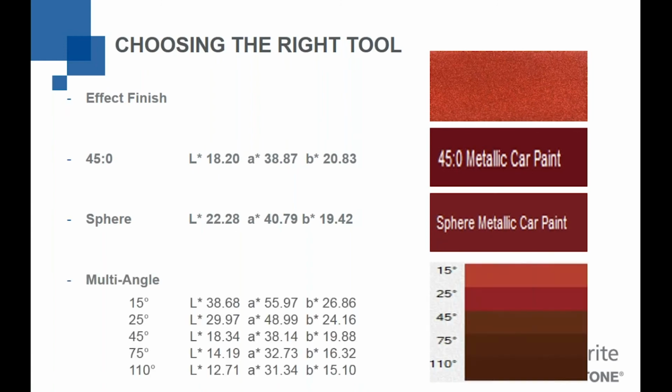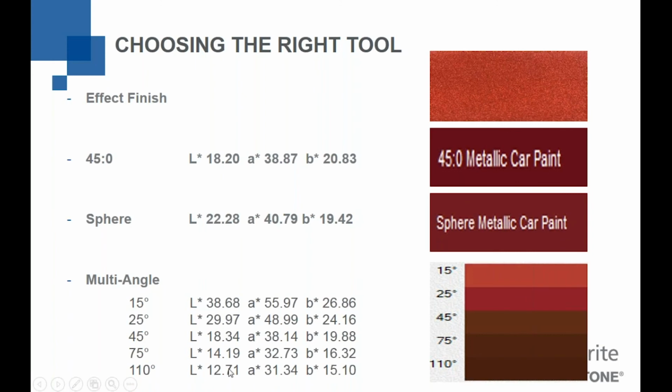When I bring in a multi-angle instrument and I measure 5 different angles, you can see in the color representation on the right, that color looks very different at those different angles. And you can see the LAB values are very different.